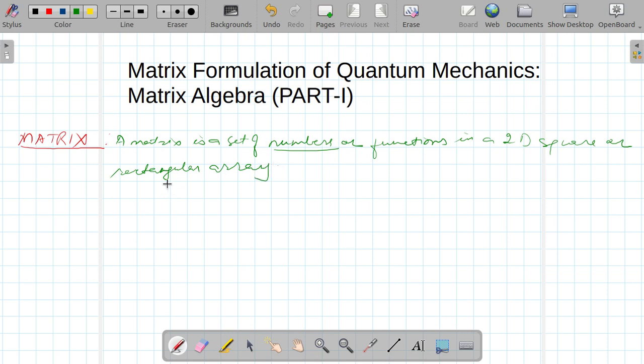I'm not going into detail regarding matrix algebra. I'm just briefly recapitulating the things which we have studied in lower classes.